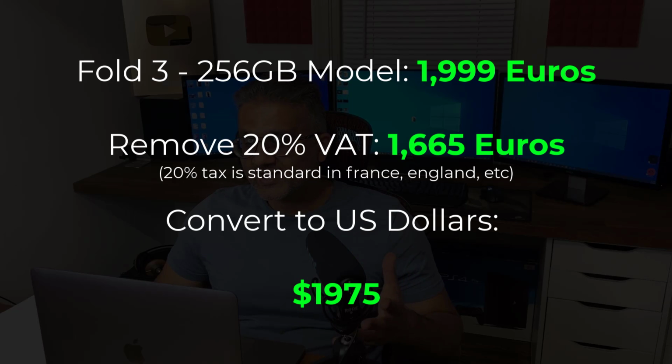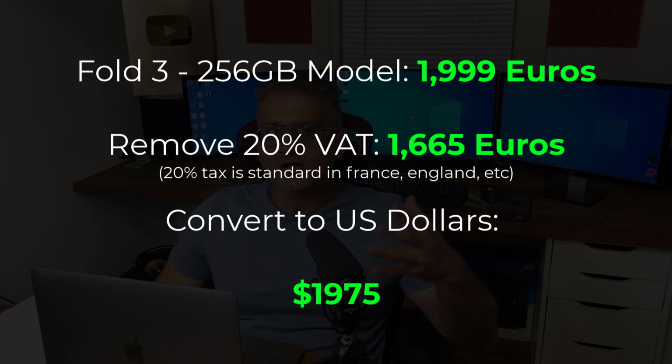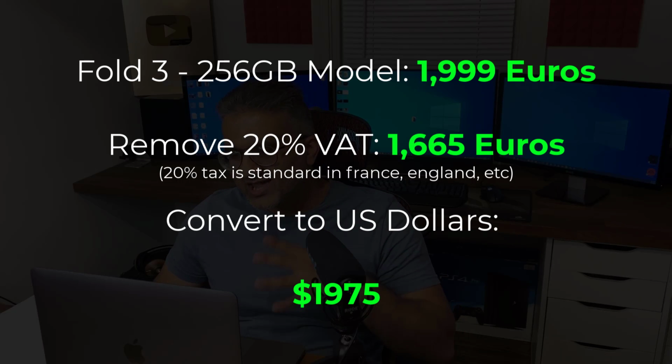So it looks like the price of the Fold 3 512 is going to be around $1,900. Again, just to be clear, could be less than that, but that's the conversion that we're getting when we're doing it properly. So we are going to be in that ballpark, okay? I still think we might be around $1,700 to $1,800, but it looks like it could be $1,800 to $1,900 in the US, just so you know.